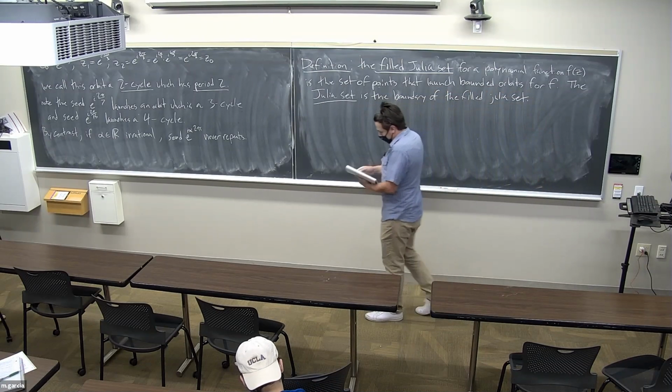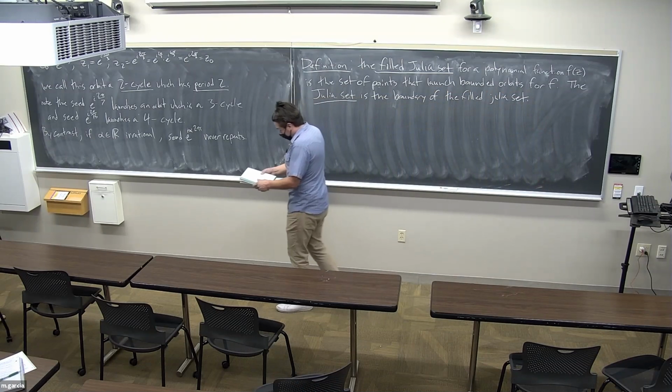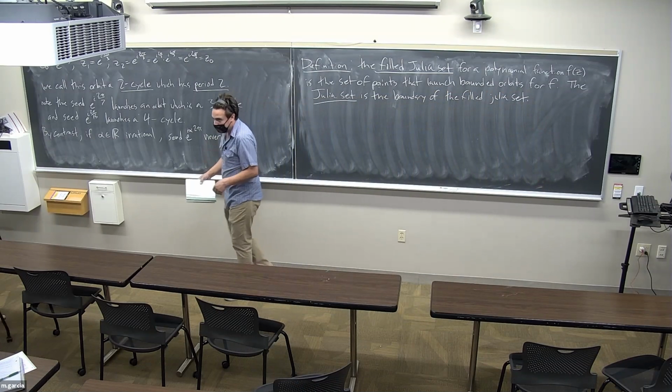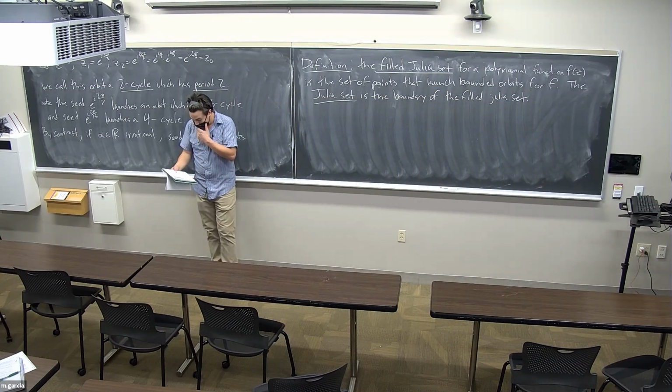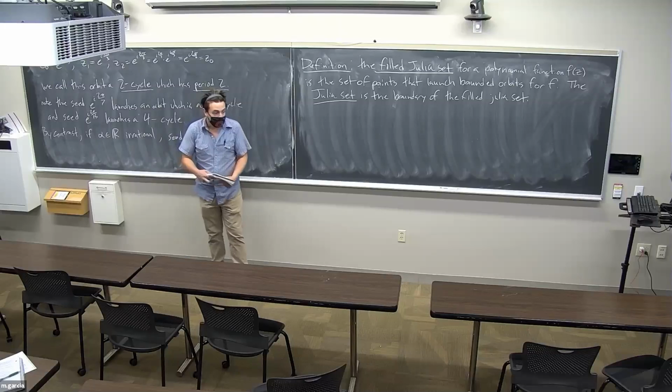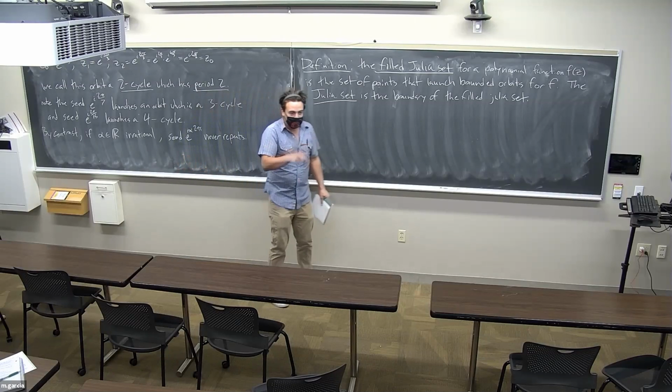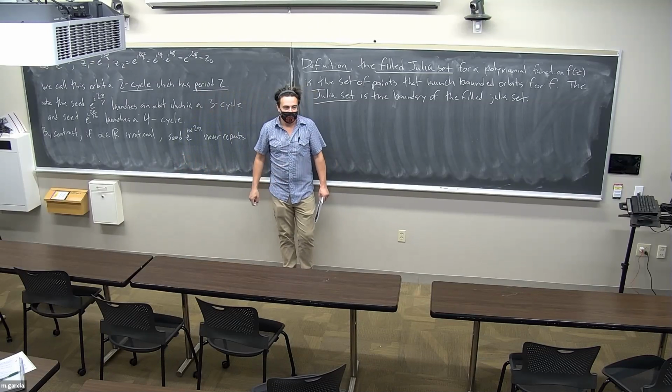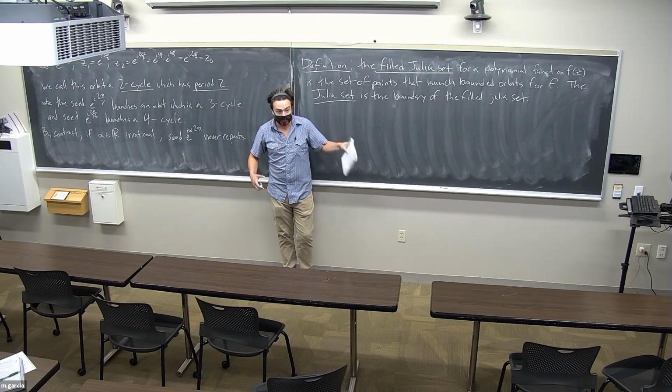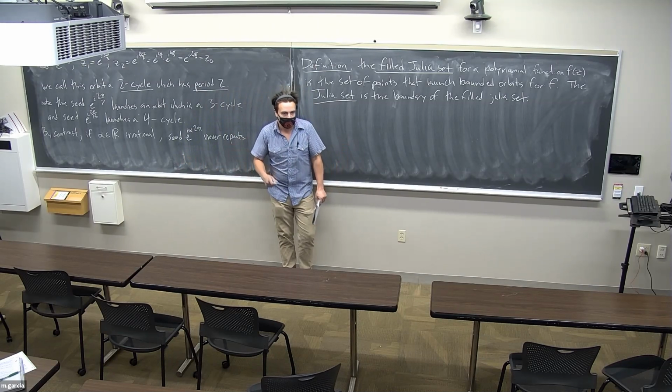Right. So, in our motivating example, z squared, what is the Julia set? Modulus of z is less than or equal to 1. That's the filled Julia set, yeah. Good. So just equal to 1 would be the Julia set. Yeah, exactly. So the filled Julia set is the closed unit disk, and the Julia set is just the unit circle. Okay, so let's record that.